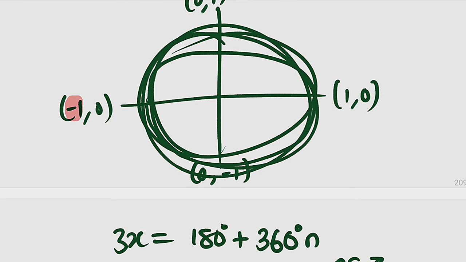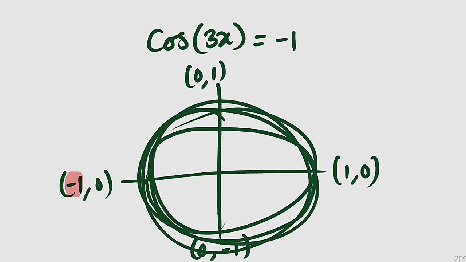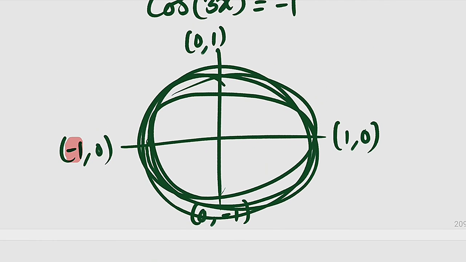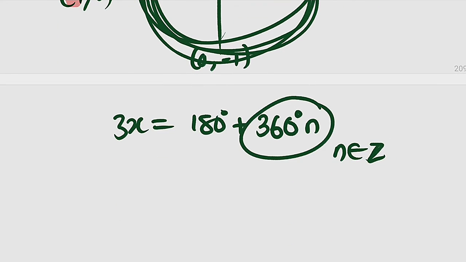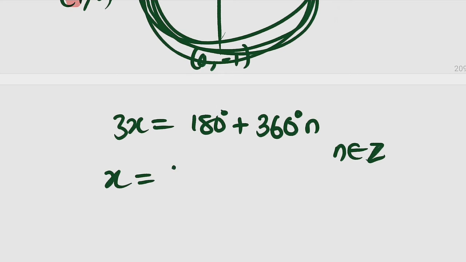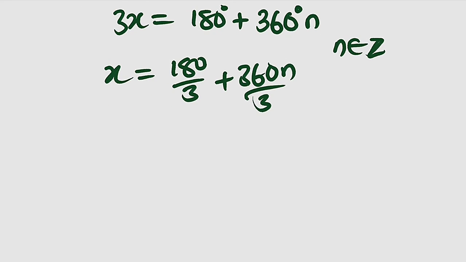At 180 degrees, you will have cosine to be -1. And if you add another 360 degrees, you're going to obtain another solution. Keep on adding 360. This is why we have multiples of 360 degrees. Then we divide both sides by 3. X will be equal to 180 divided by 3 plus 360 divided by 3.